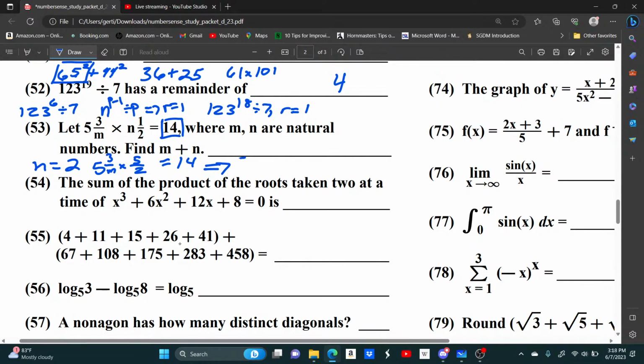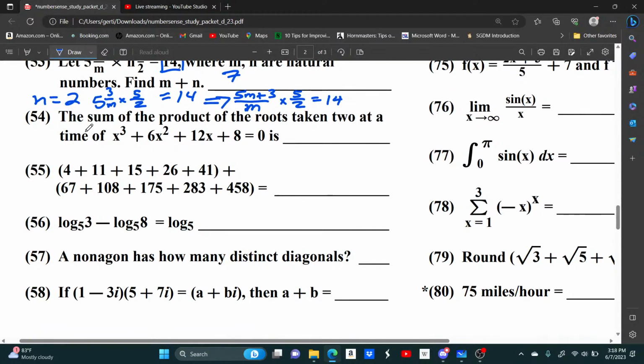If I turn this improper, it's going to be 5m plus 3 over m, and then times 5 over 2 equals 14. I see the only way that this can cancel is if m is equal to 5. And so my m is 5 and my n is 2, and so m plus n is just 7.